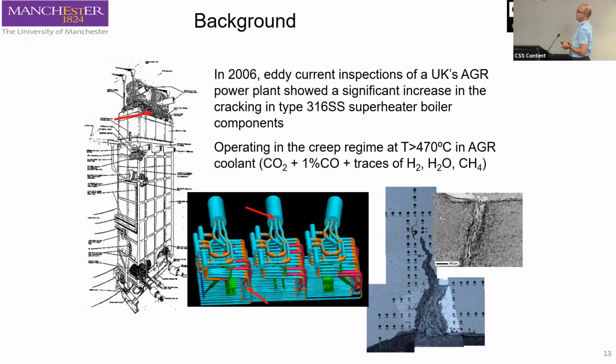They have identified that some of these cracks that developed in the superheater boilers were associated with oxidation and carburization, as well as creep, because this material operates at temperatures well in excess of 550 degrees under stress, where therefore creep is the dominant mechanism.